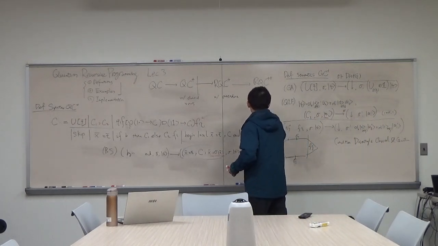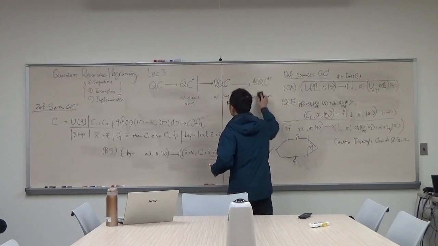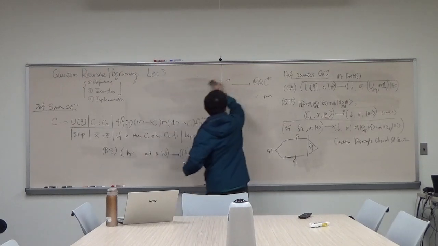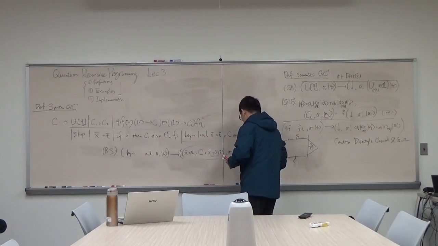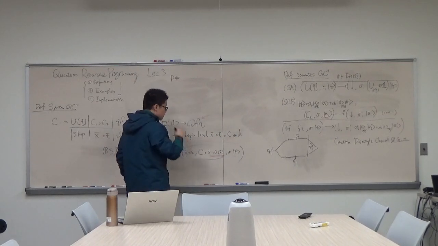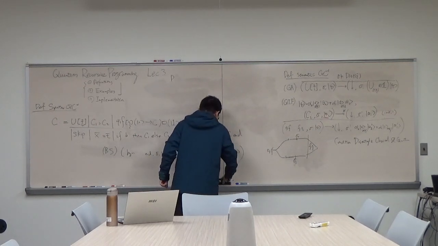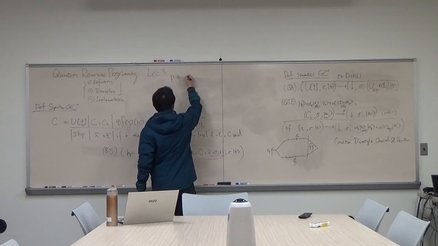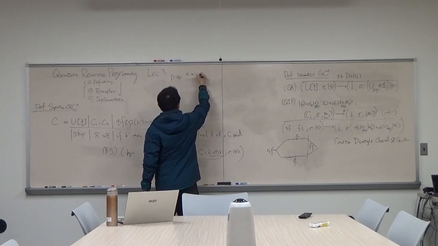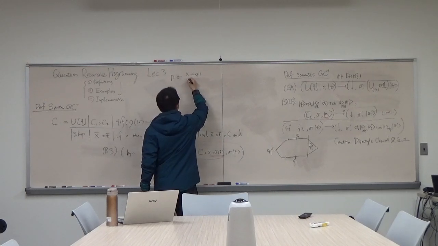For example, we have one procedure called P. Let's write it this way: x becomes x plus 1, and then we apply some u on qx.